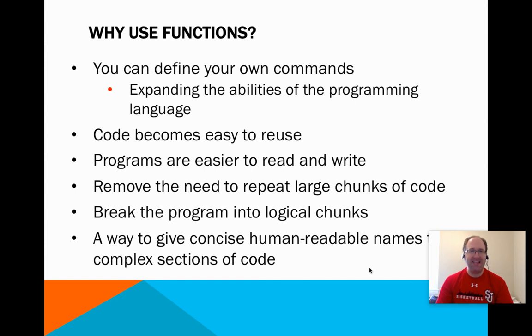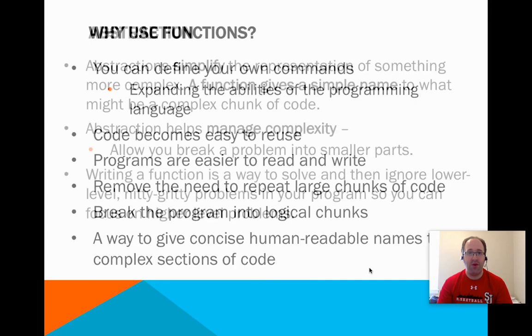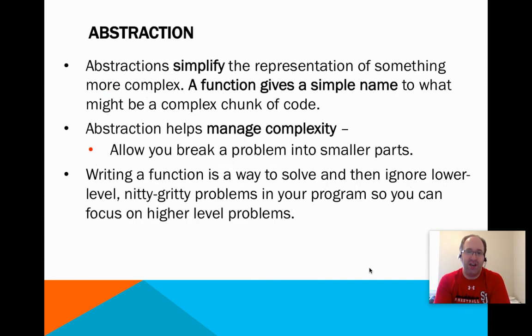So this idea of being able to do all the things listed here about functions is all wrapped up in a concept and a vocabulary word, a big fancy word in programming called abstraction. Abstraction really means to simplify the representation of something more complex. We're going to talk about what could be a fairly complex set of directions in terms of some simpler language that focuses less on the nitty-gritty details and more on the major parts of solving the problem.